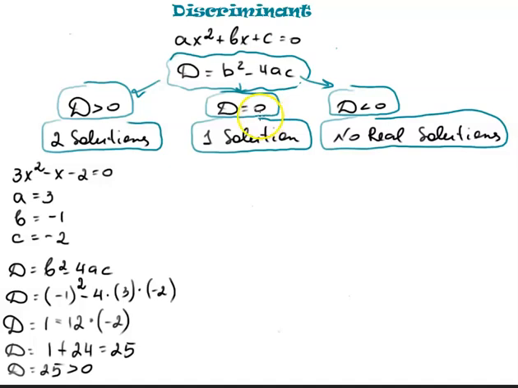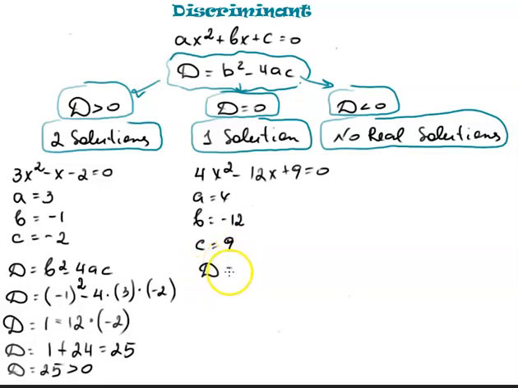Next example: 4x squared minus 12x plus 9 equals 0. Again, a equals 4, b equals negative 12, c equals 9. Let's see what the discriminant is for this quadratic equation. Again, it's b squared minus 4ac, and I will plug in the numbers.